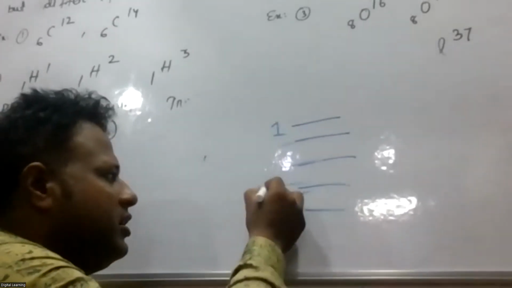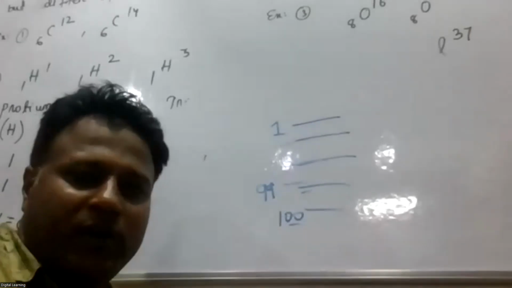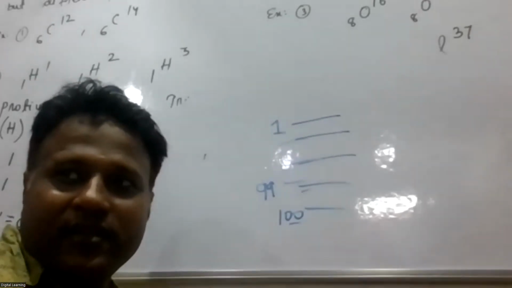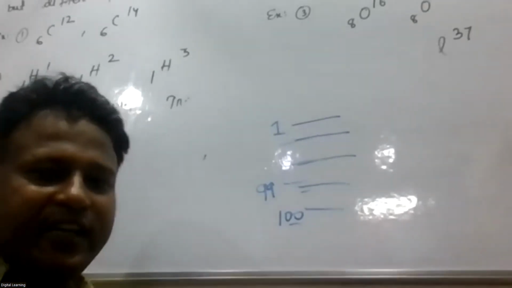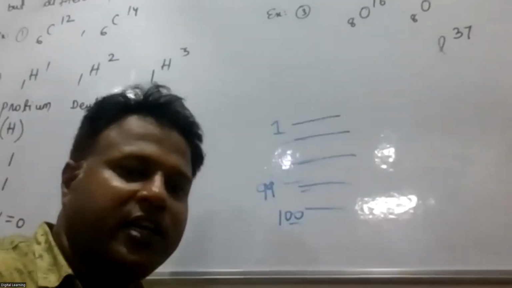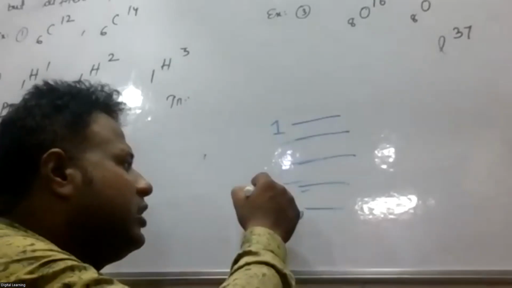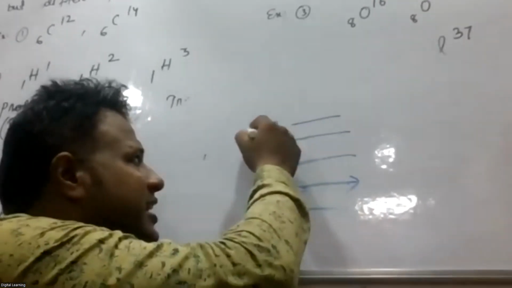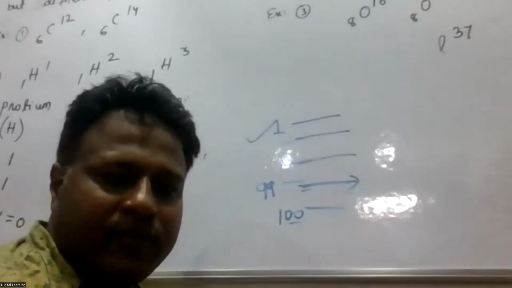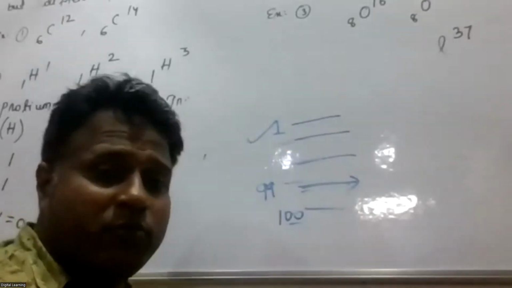Suppose in line 99 there is an error, then after rectifying this, the compilation starts again from 1.